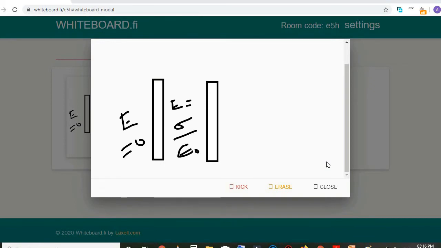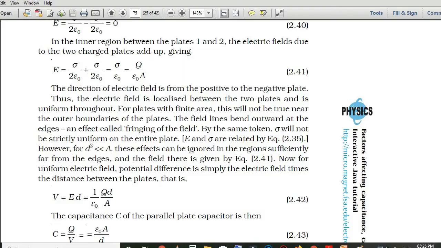That means electric field is uniform. Thus we can represent the electric field lines as parallel to each other and equally spaced. Okay, this we studied here.